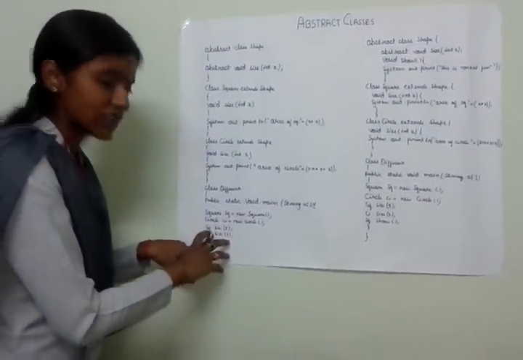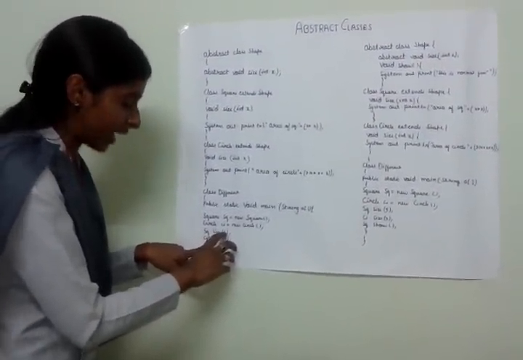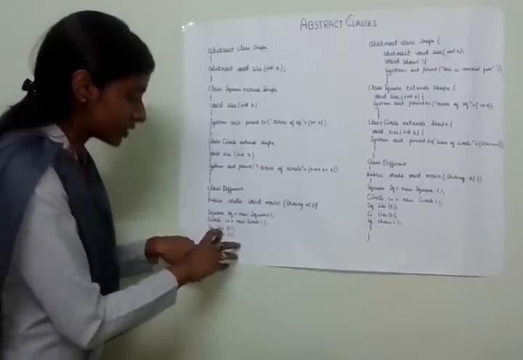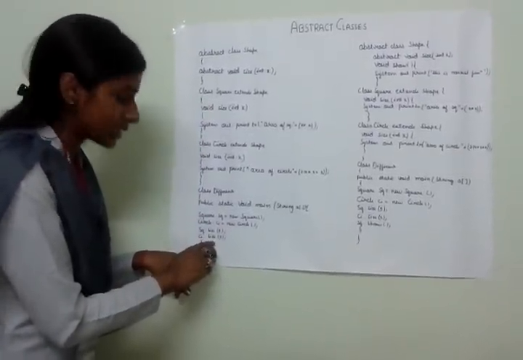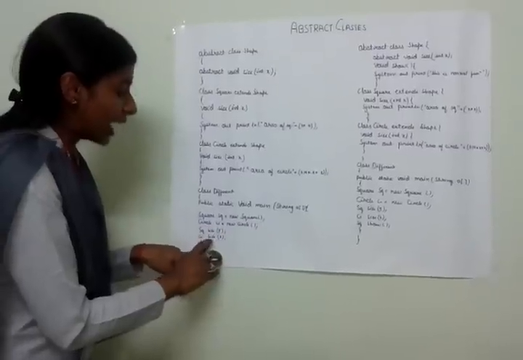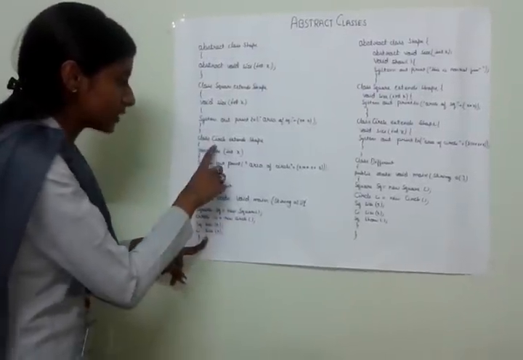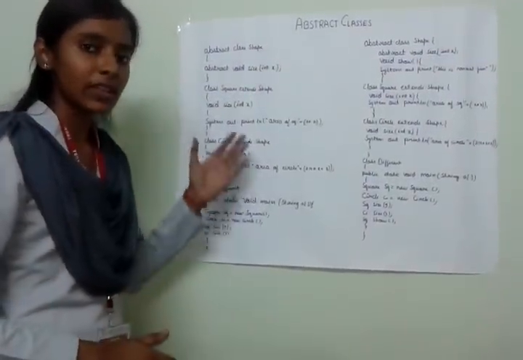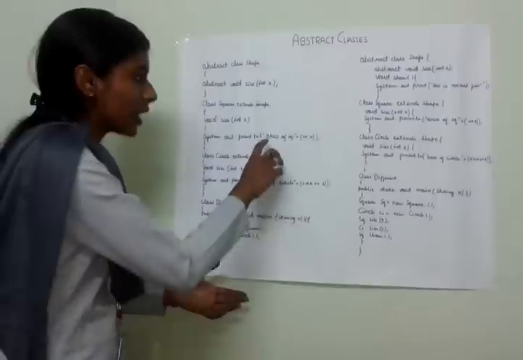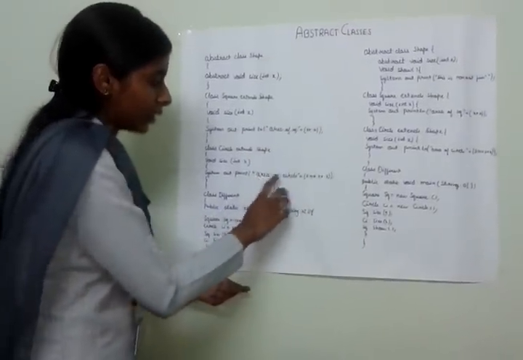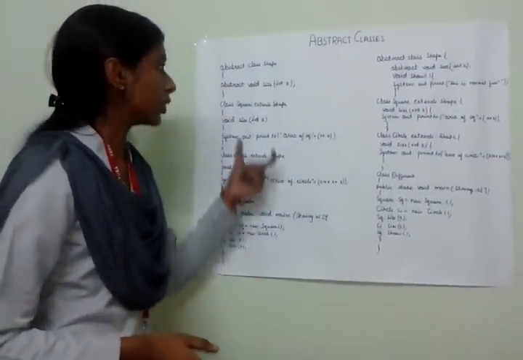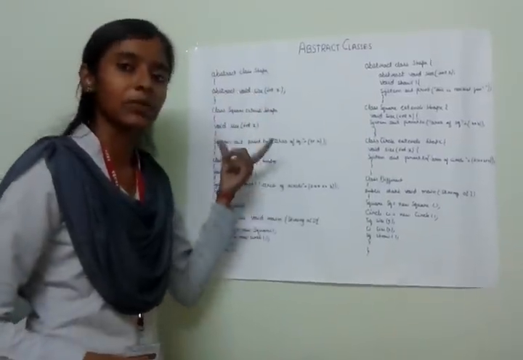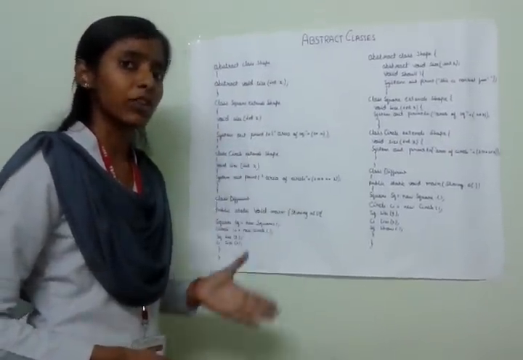Now in this line sq.size in parenthesis 5, I have called the function size from the class square, and in this line ci.size parenthesis 2, I have called the function size from the circle. Now when we will run this program, we will get the output area of the square and area of the circle.